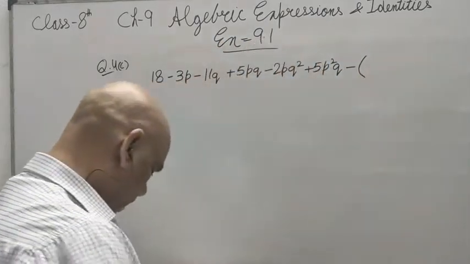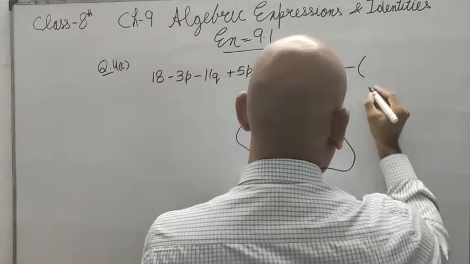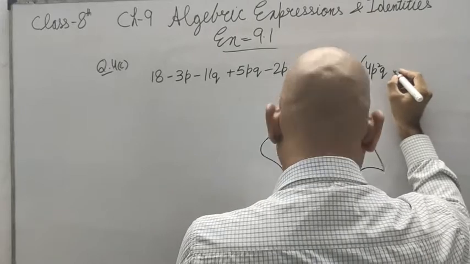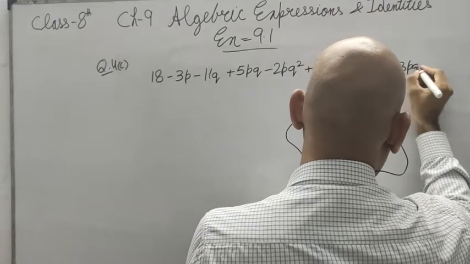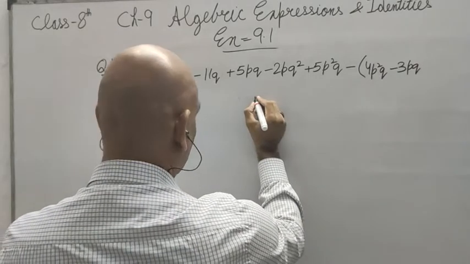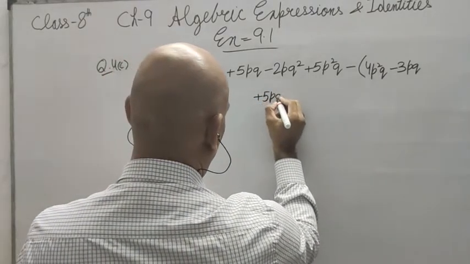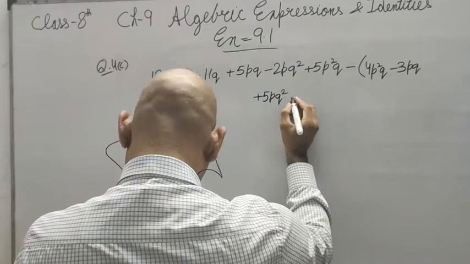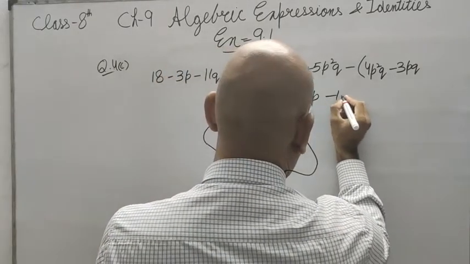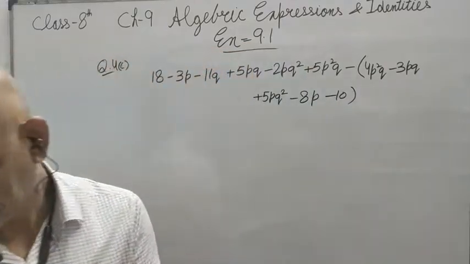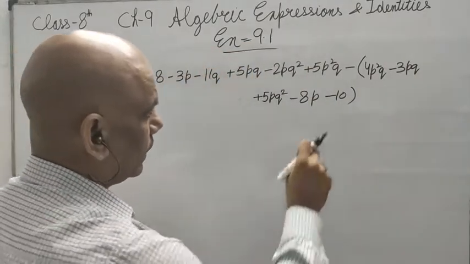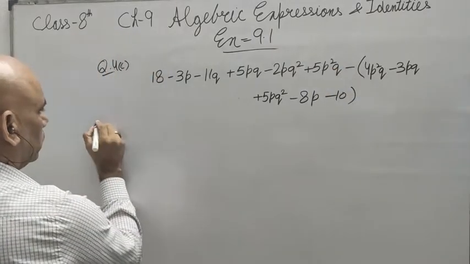Now you will have to write the first term, that is 4p square q minus 3pq plus 5pq square minus 8p minus 10. Okay. Now I am going to change the sign due to this minus.